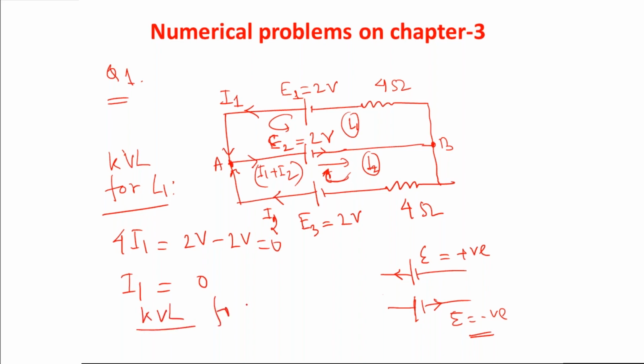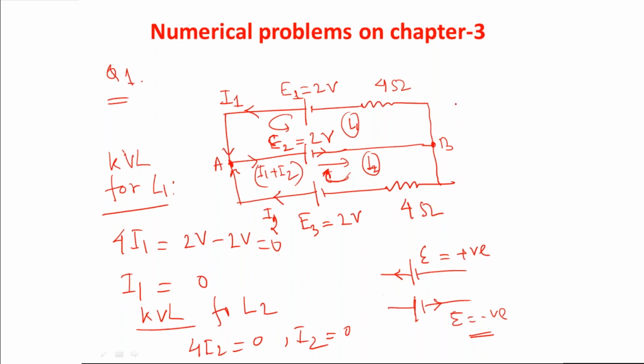Similarly, if you apply KVL for L2 also, what you get is 4I2 is equal to 0. You'll see that it will be 0. So both I1 and I2 are 0. That means no current is flowing through AB.